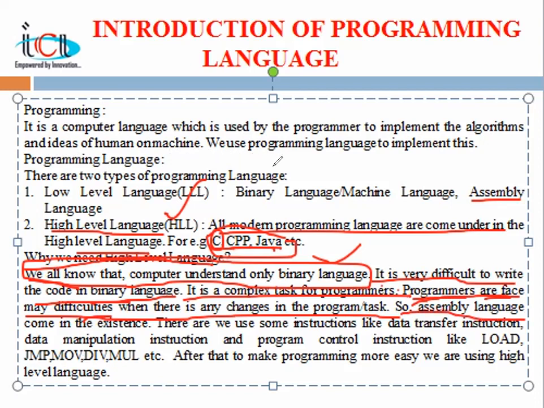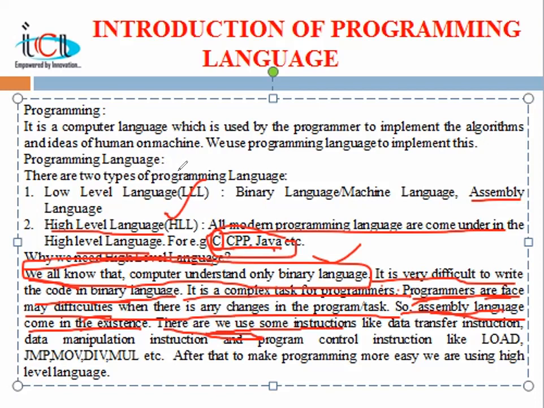So assembly language came into existence. It is a difficult task for programmers to make changes in a program written in binary language. To escape these problems and difficulties, we use assembly languages.